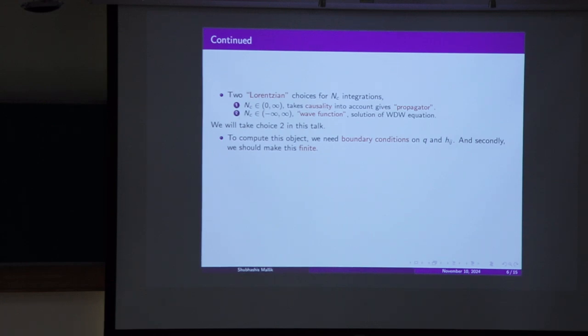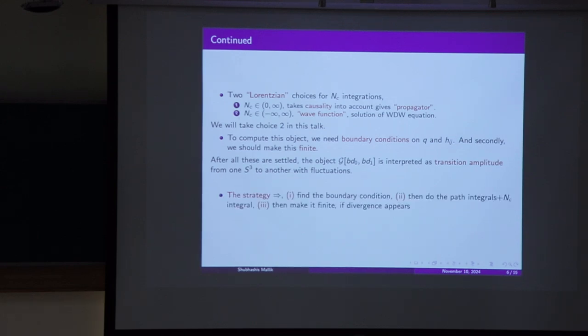Now we also need, apart from this choice of contour, the boundary condition for q and h_ij. And secondly, if we want to compute something beyond tree level in Einstein gravity, we should ensure that it is finite, because divergence may appear in various places. So after all this is settled, the final object can be interpreted as transition amplitude from one S3 to another with appropriate fluctuations.